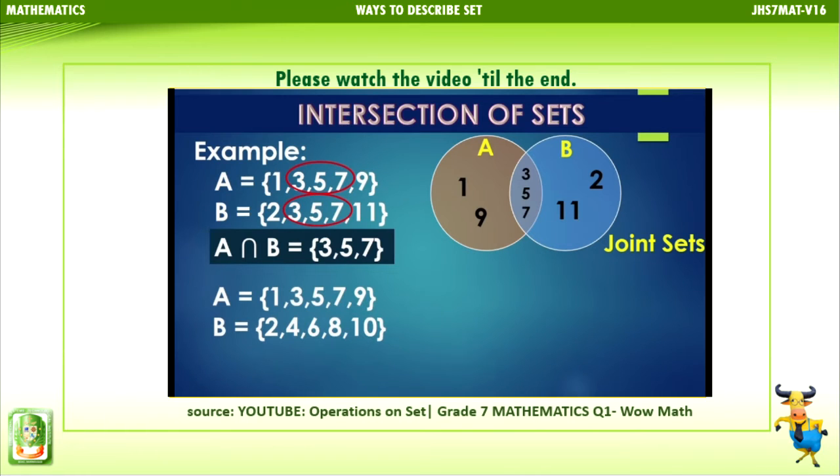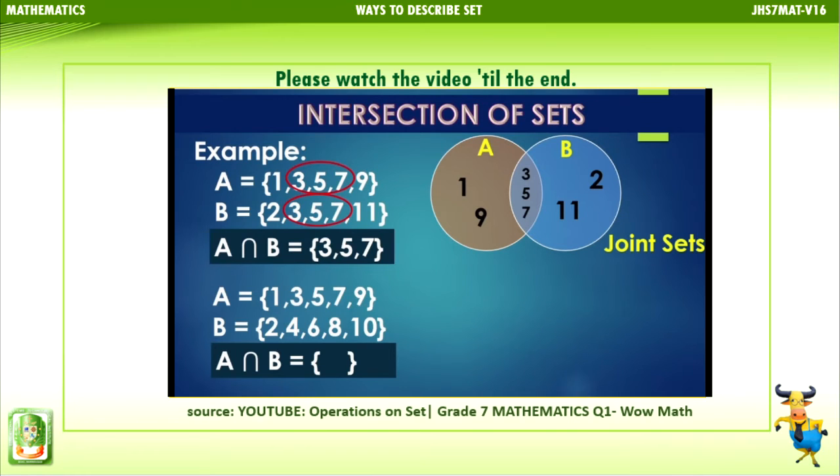Okay. Now, another example, I have set A, 1, 3, 5, 7, 9. Set B, I have 2, 4, 6, 8, 10. So, what is the intersection of A and B? Anong meron kay A na meron kay B? Wala. So, ibig sabihin, the intersection of A and B is an empty set.